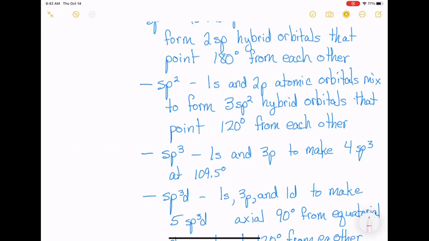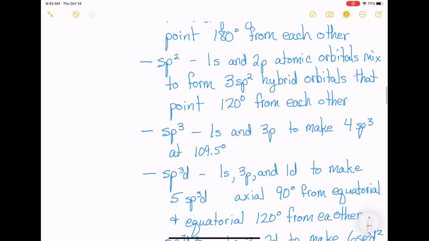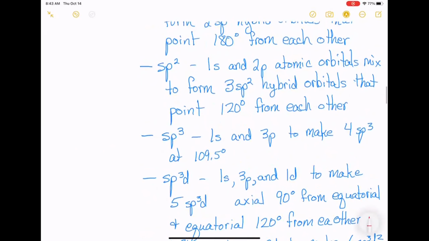You have the axis, which will be the north-south, and you have the equator or equatorial, which run around the middle. Now, in sp3d, when you have 5 items with sp3d hybrid orbitals, the axial bonds will be at a 90-degree angle from the equatorial bonds, whereas the equatorial bonds will be 120 degrees from each other.